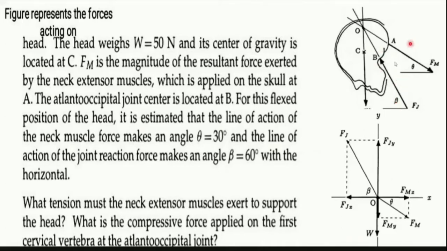So as these both forces are inclined, they are resolved into their vertical and horizontal components. So Fm is resolved into Fmx and Fmy, and Fj is resolved into Fjx and Fjy. So this is the Fj force with angle beta, and this is the resultant Fm force with angle theta, and this is the W, that is weight of the head.